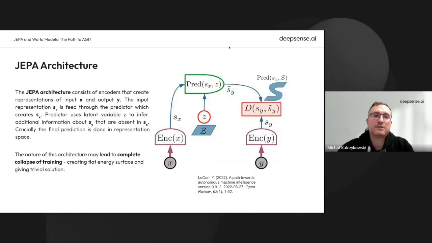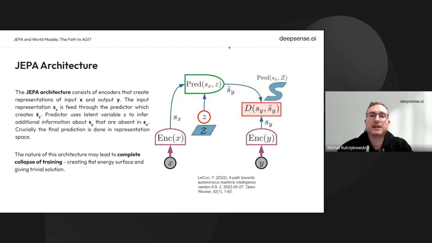Here I will talk about the architecture of JEPA. What is crucial is that both output and input are passed through encoders. That means that JEPA thinks in a representation space.